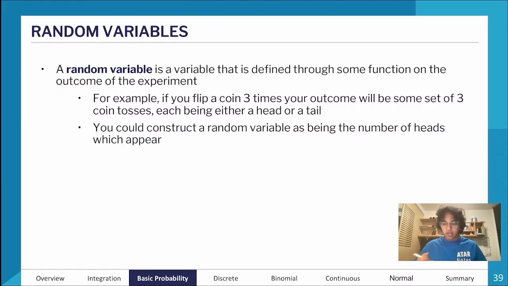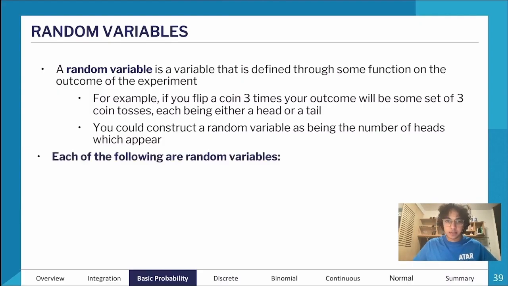And so you could make a random variable, right? And that random variable would be something like, as I said earlier, the number of heads that are going to pop up. Or maybe the random variable from my example was the probability that I solve a Rubik's Cube in less than a minute. Maybe I tried doing it, like scramble it 5 times, try solving it 5 times. And so the random variable could be solving it in less than a minute.